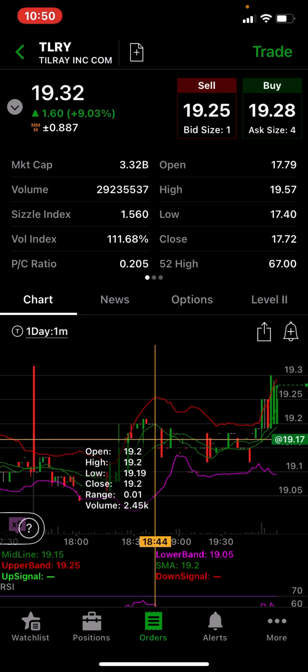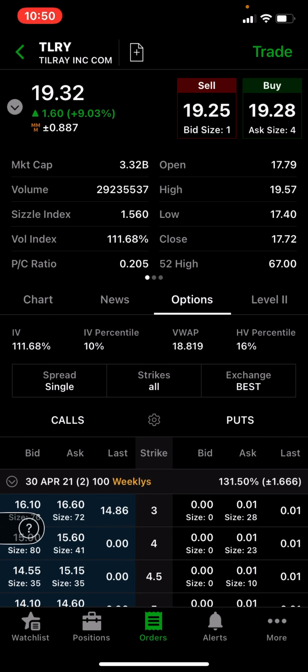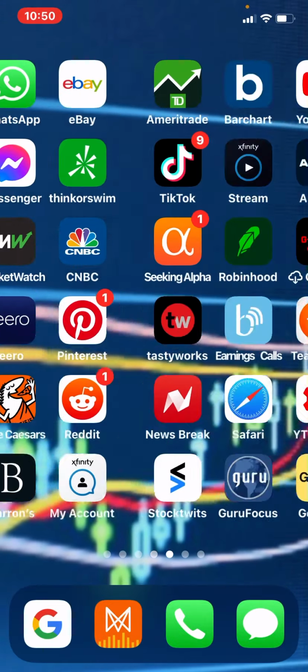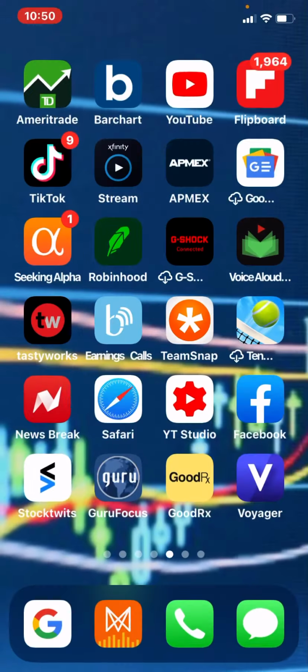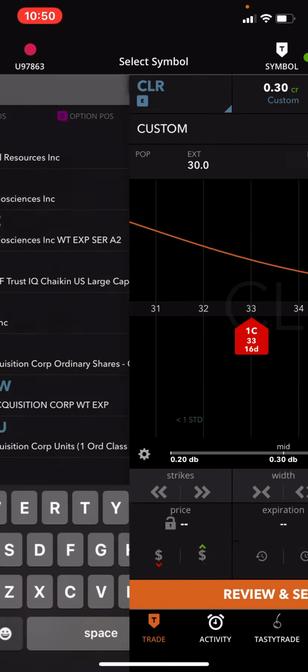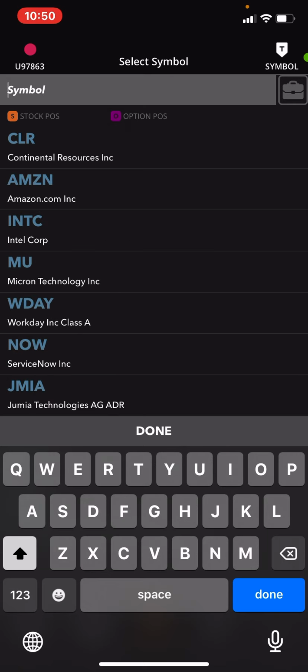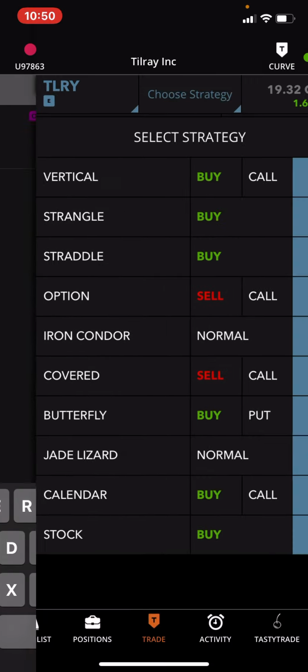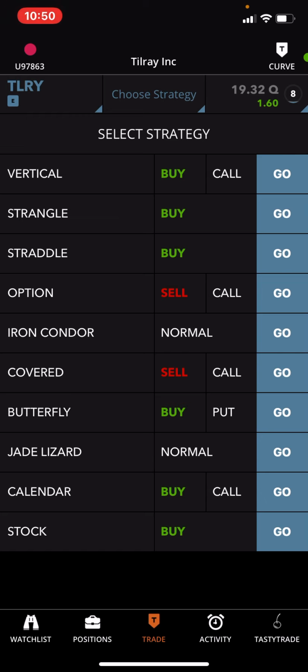So the options in Tilray, the current IV, let's take a look at it here. Oh, I saw the wrong one. Let's change this to Tilray. The IV rank is 8, so it's relatively low. The strategy recommended in a low IV is that you really don't want to be selling premium in a low IV environment.